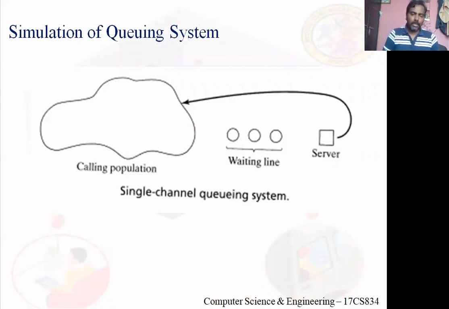But let me visualize how that queuing system will appear. Let me consider the queuing system to be a banking system with only one server. Okay, there may be any number of servers, but for simplicity, let me assume the queuing system to be a banking system with only one server. Got it?